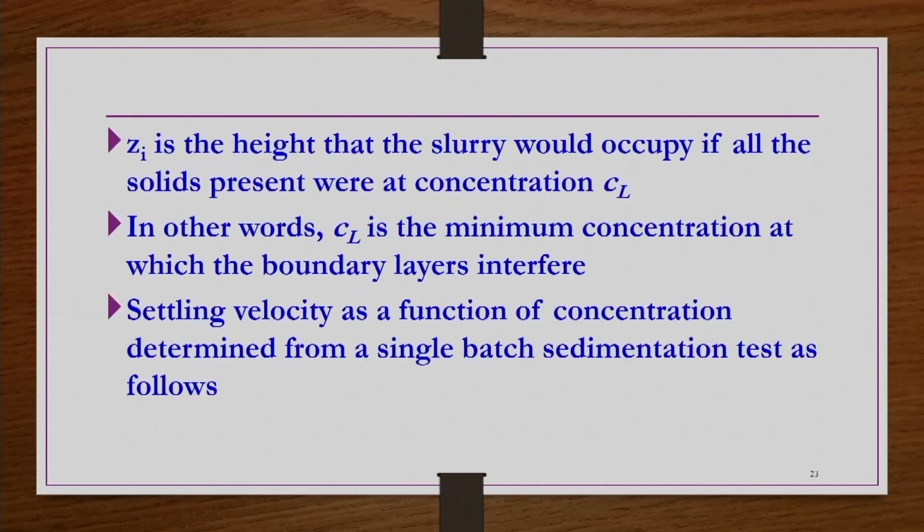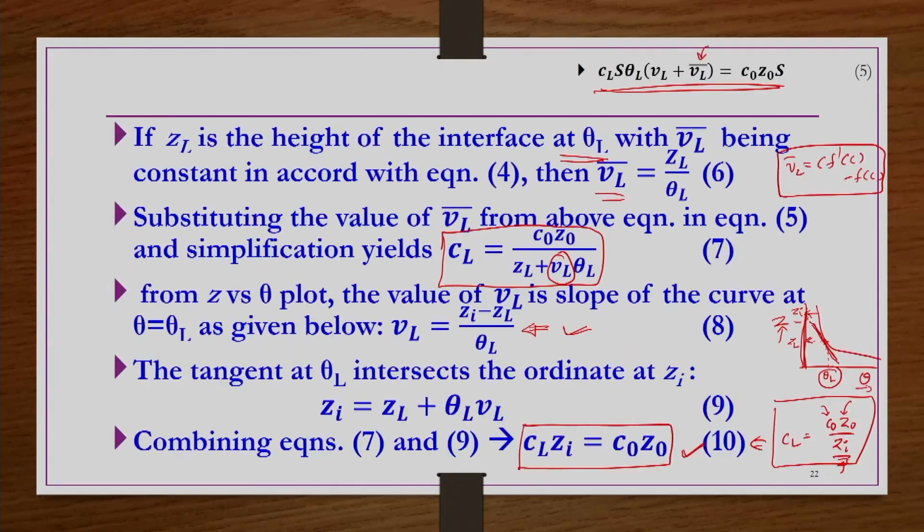So, if you know the intercept, you can know C L, right. Once C L is known, then Z L also can be known.